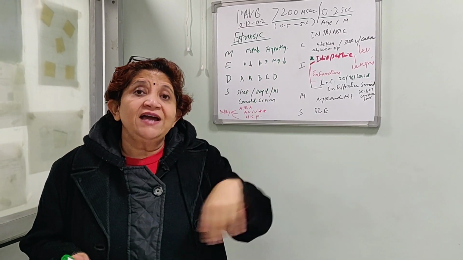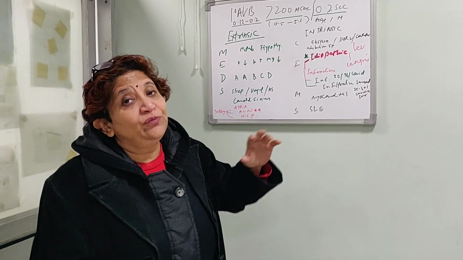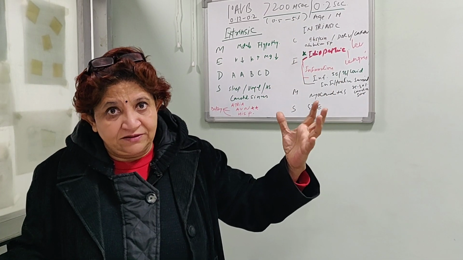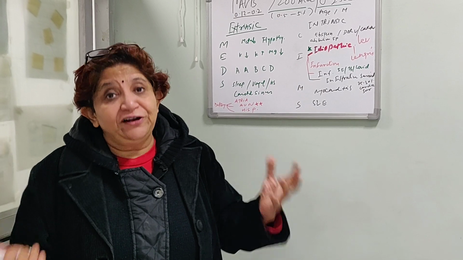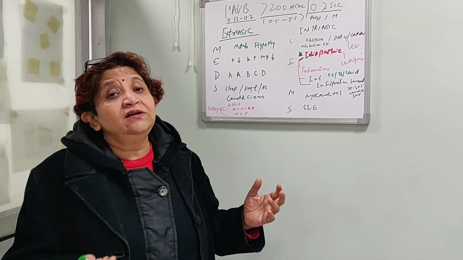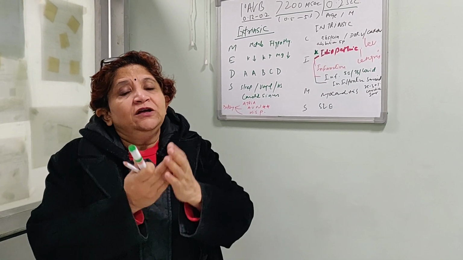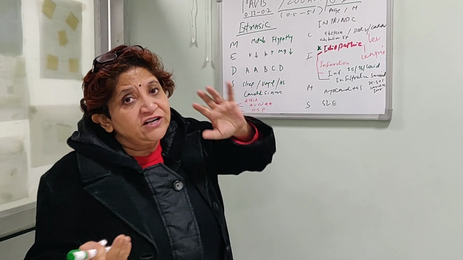So there is atrialization of the right ventricle. So that means right atrium is more now, which is more dilated, so that there will be a delay in the right atrium. There will be atrial delay. The conduction will take time to travel through the right atrium. So the PR interval will prolong. Okay. So C stands for congenital heart diseases.